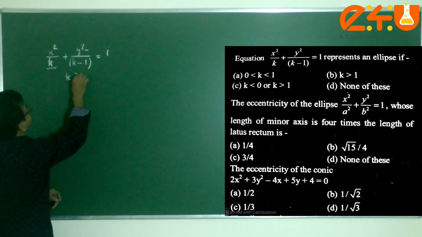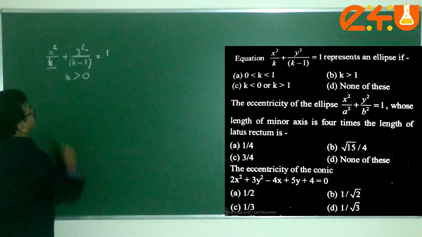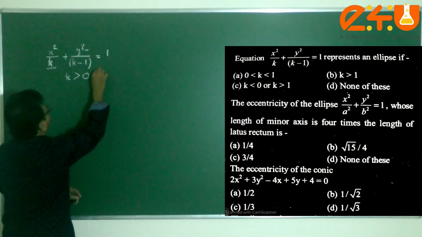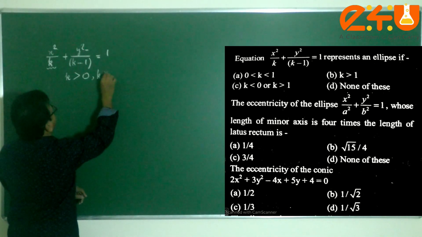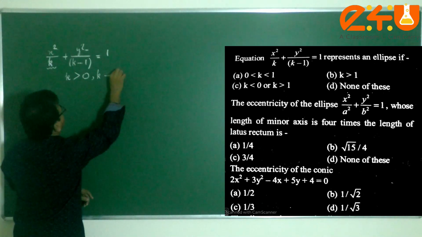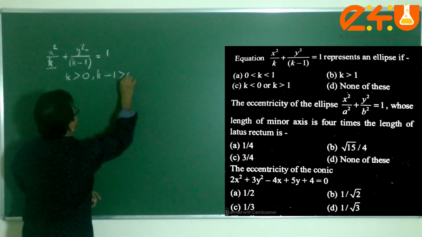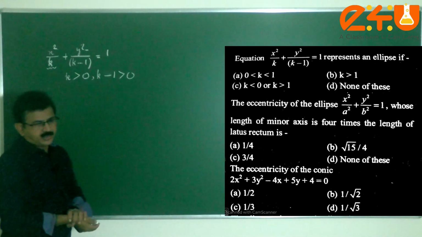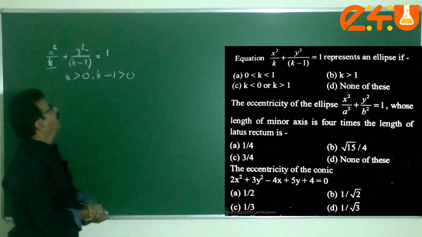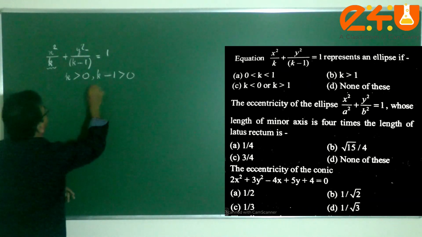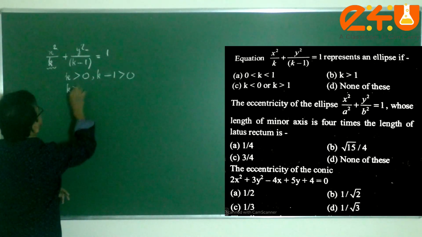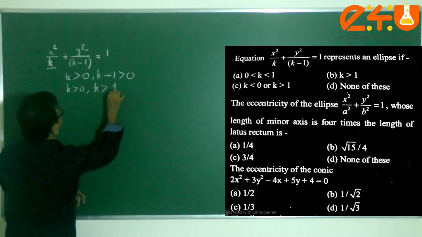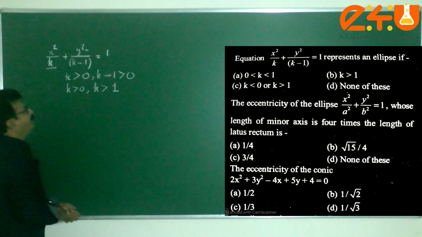Without more clues, we know a squared quantity is positive, so k is greater than 0 as well as k minus 1 greater than 0. So what is the best thing we can say? K should be greater than 1 also.